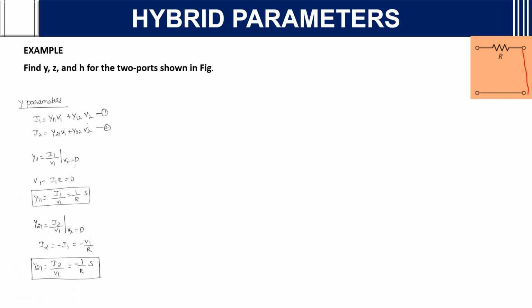You want I2 by V1. So here I2 is equal to minus I1. If I1 is flowing in this way, I2 will be flowing in this way. So I2 will become minus I1, right? So we will get minus V1 by R. So I2 by V1 is equal to minus 1 by R siemens.